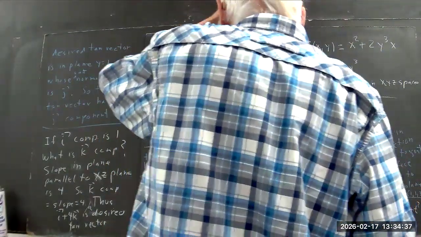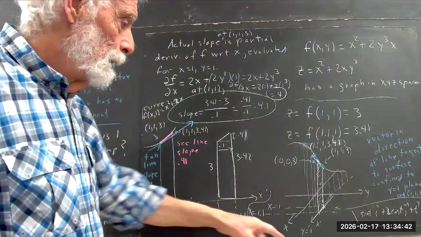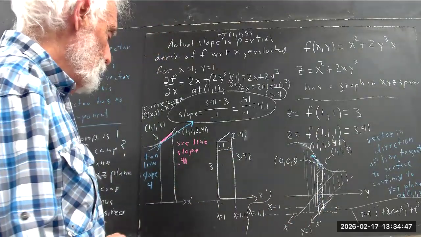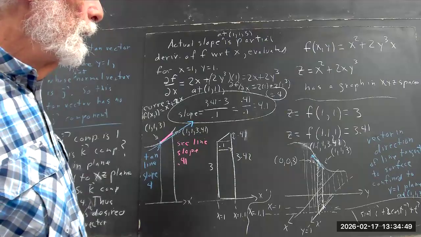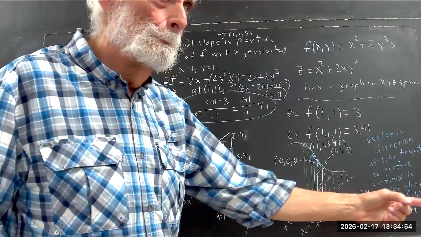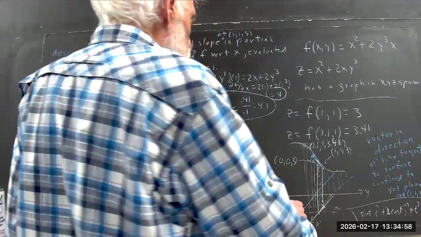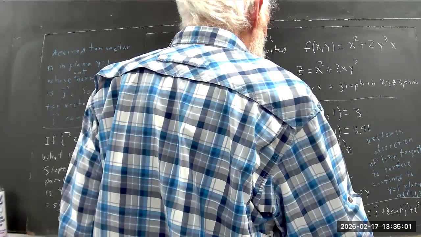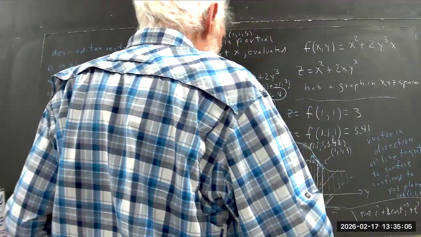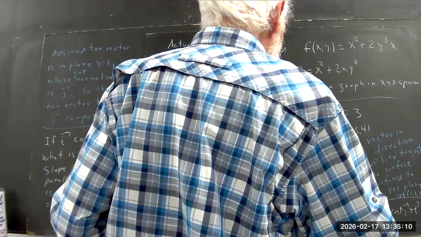Now, you can do more with it. We just looked at a plane parallel to the line y equals 1. What do you think this thing looks like in the plane x equals 1? We looked at it in the plane y equals 1. We're going to look at it now in the plane x equals 1. And I shouldn't use blue because I use blue for other things. Orange tends to obliterate anything it touches.